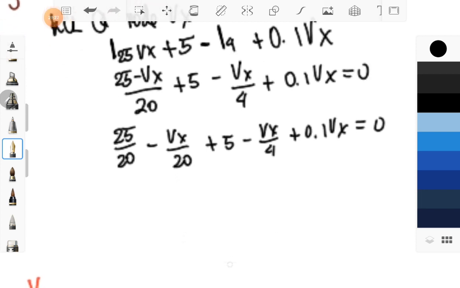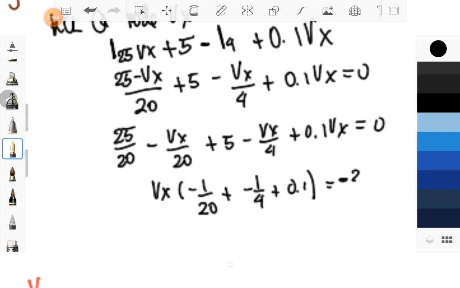Combining all the terms with Vx, we have Vx multiplied by negative 1 over 20 plus negative 1 over 4 plus 0.1 is equal to negative 25 over 20 minus 5.